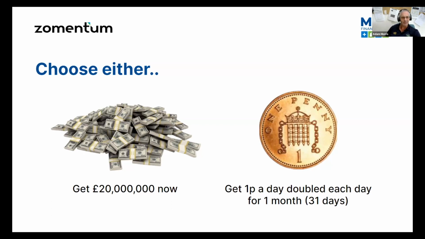I wasn't quite sure how that would come through, so I thought we might have it in the chat. Rohin suggested 1p doubled. Someone's done their maths. Anybody else? Any takers out there? Anybody else want the 20,000 now? Nope.